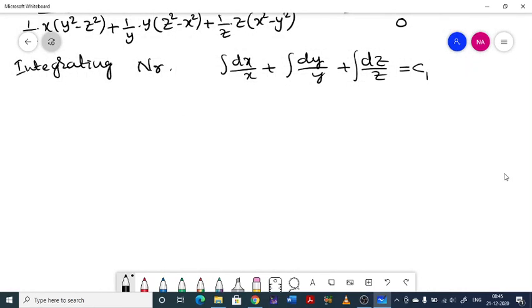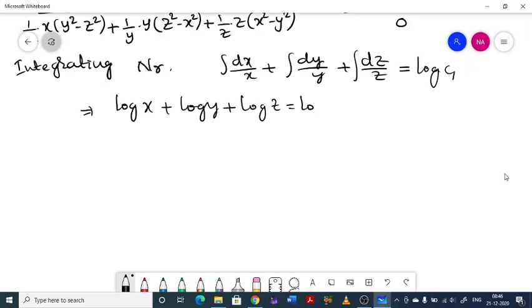So that implies log x plus log y plus log z equal to log c1. So from this, with simplifications, I'll get x y z equal to c1. That is one part of the solution.